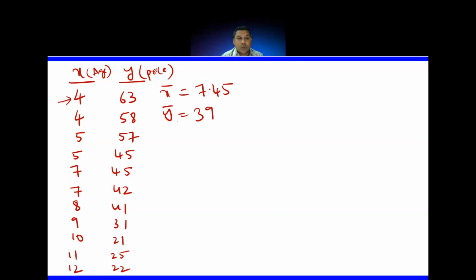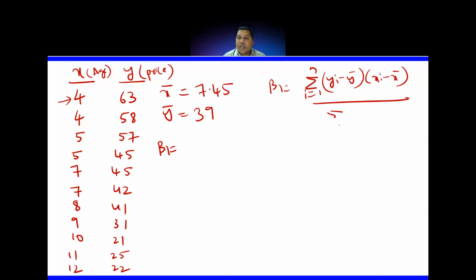Now you try to find the value of beta 1. We have seen the equation of beta 1. Here, beta 1 is nothing but the summation of i equal to 1 to n of (yi minus y bar) into (xi minus x bar), divided by the summation of i equal to 1 to n of (xi minus x bar) whole square. So let's calculate this for each of these values.